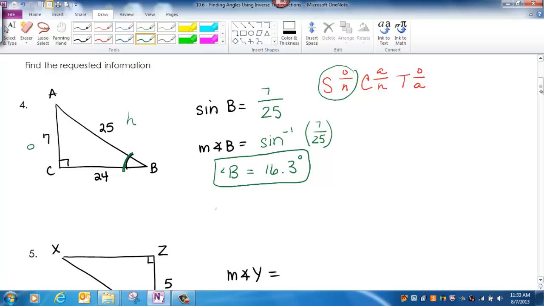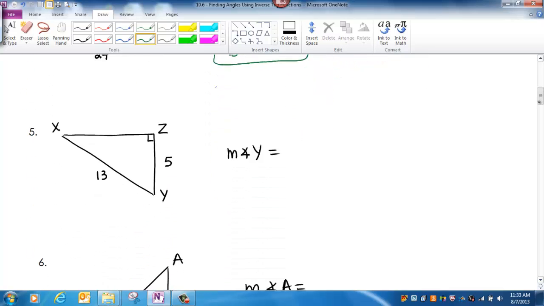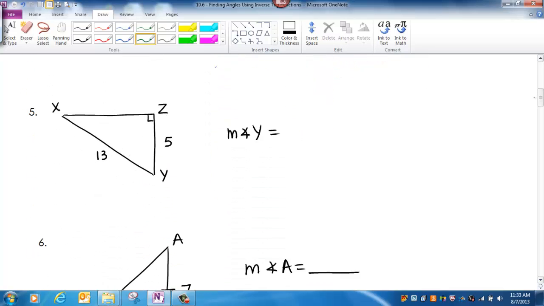Alright, next one, number 5. Okay, so in this case it says, what is the measure of angle y? So we see that we need an angle, so we know we're going to need to use inverse trig. But in this case, we're going to have to figure out, do we want inverse sine, inverse cosine, or inverse tangent?